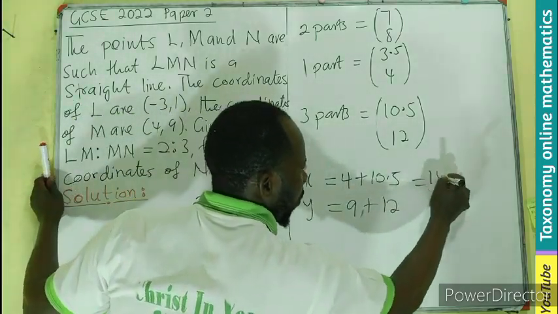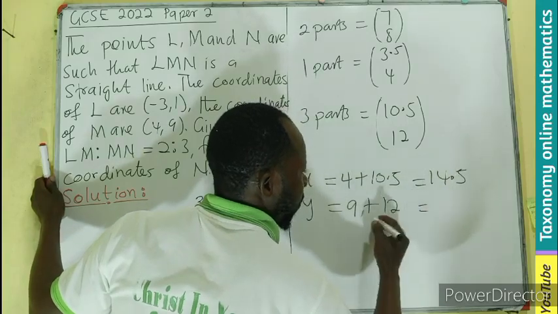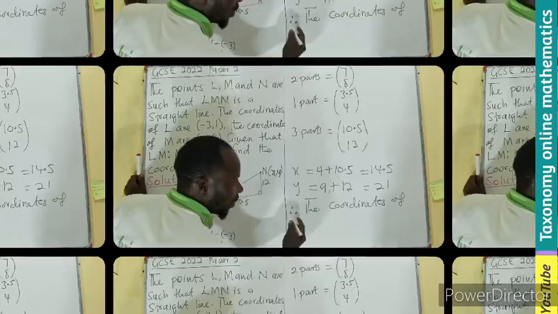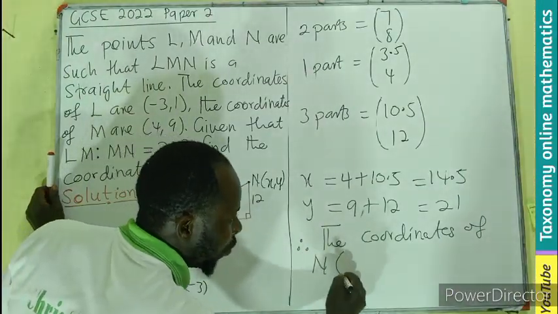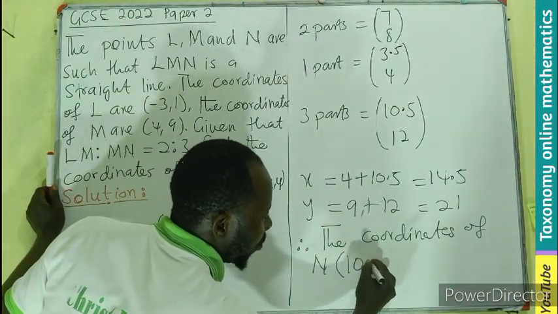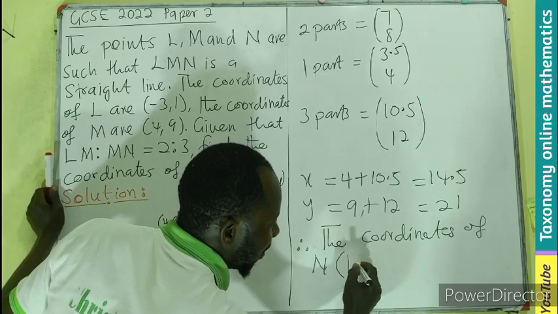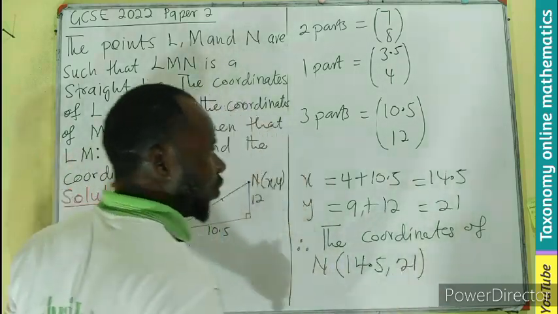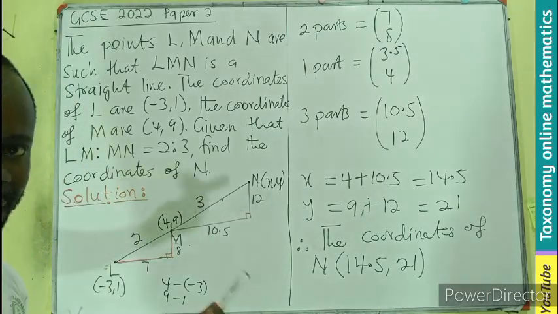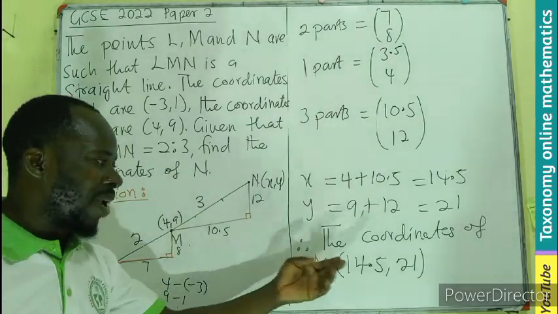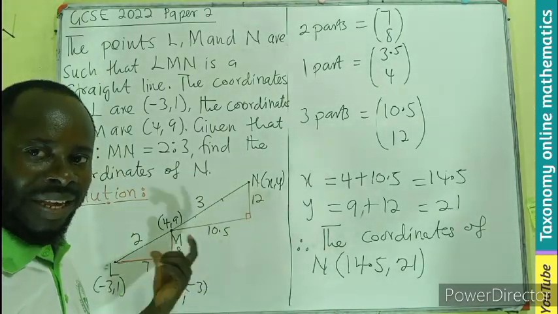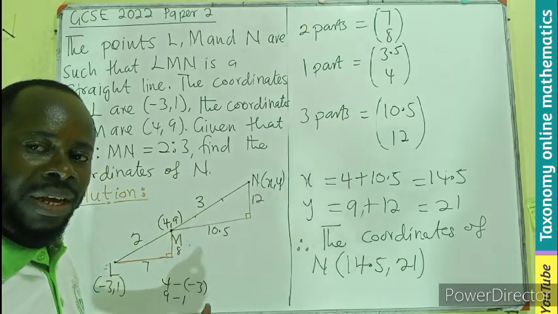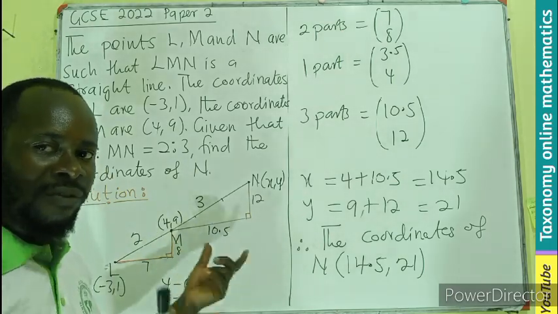That gives us 14.5 and 21. Therefore the coordinate of N is (14.5, 21). That is the direct approach to internal division.